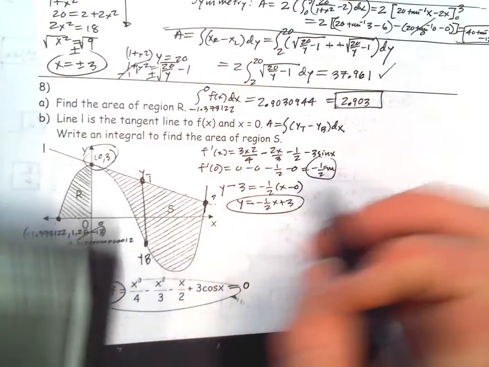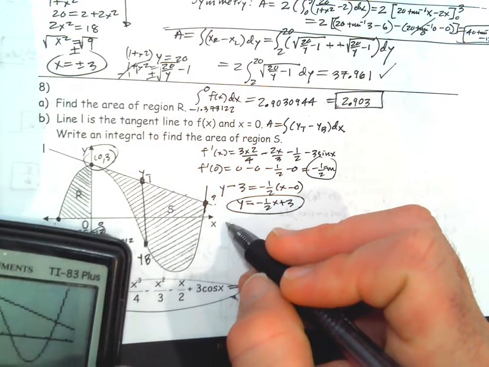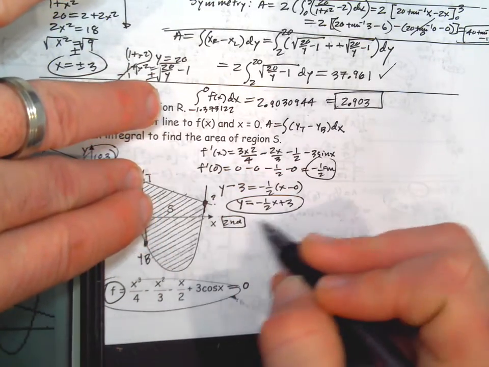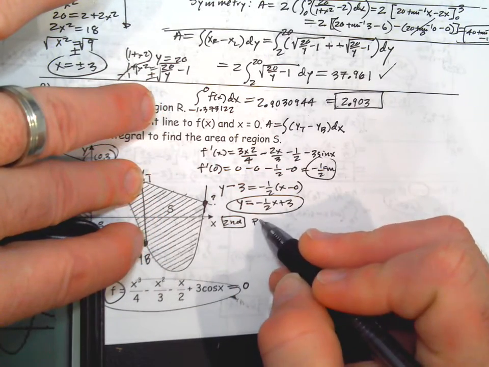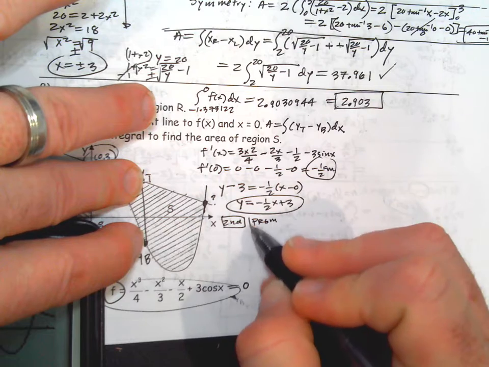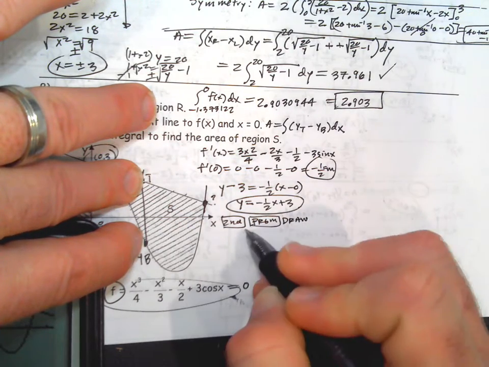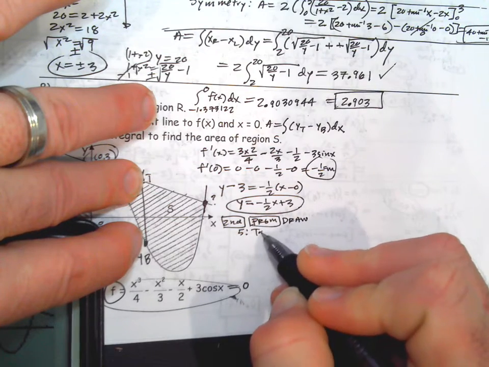So if you did that, just a reminder, if you're in the graph menu, you can do second program, which gives you the draw menu. And then you go to option number 5, tangent.